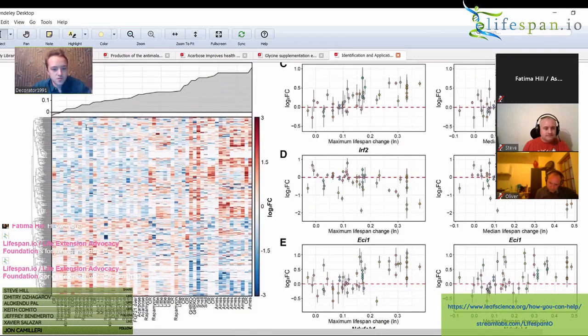Basically, this heat map on panel A shows all our findings. This is for the association with maximum lifespan. You can see that some of the genes increase their expression, while other genes, on the opposite, decrease their expression.